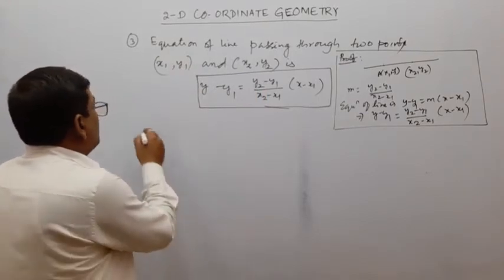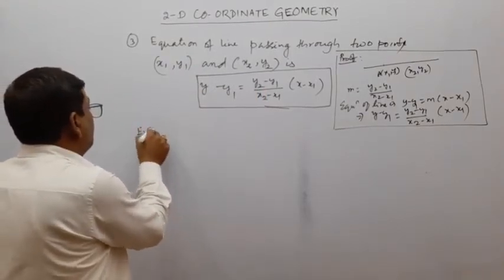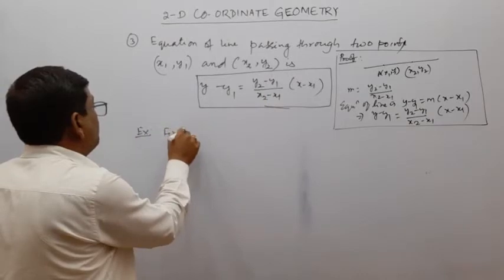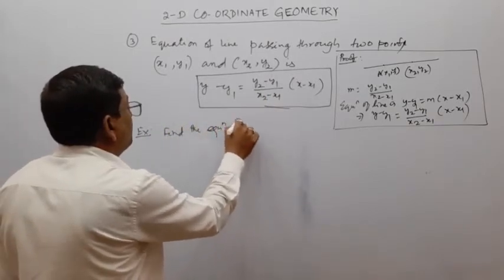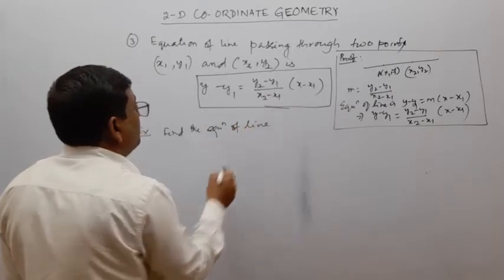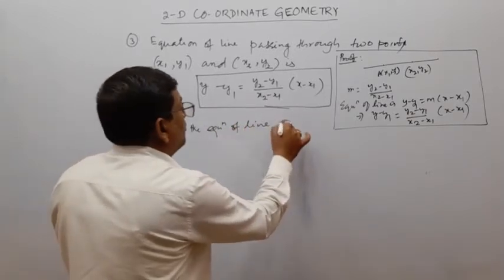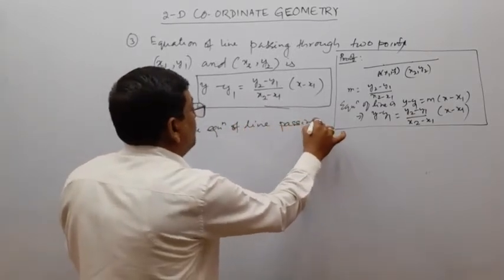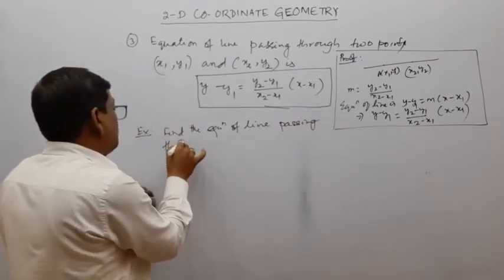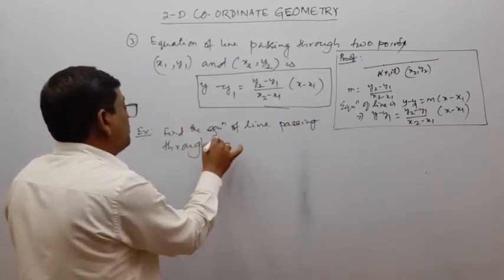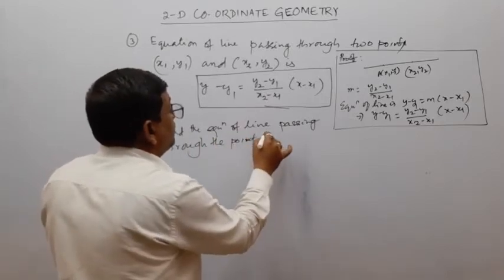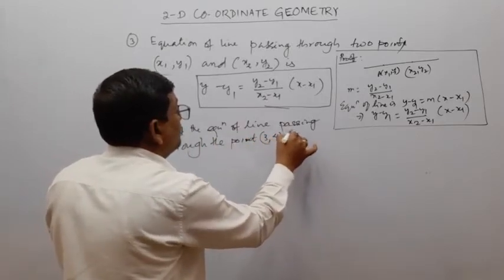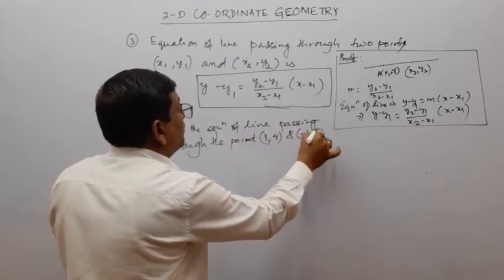Now one question. Example: find the equation of line passing through the points 3, 4 and minus 1, 5.